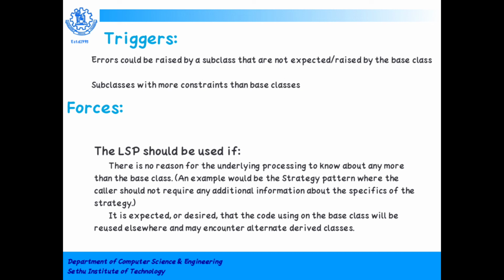An example would be the strategy pattern, where the caller should not require any additional information about the specifics of the strategy. It is accepted or desired that the code using the base class will be reused elsewhere and may encounter alternate derived classes.